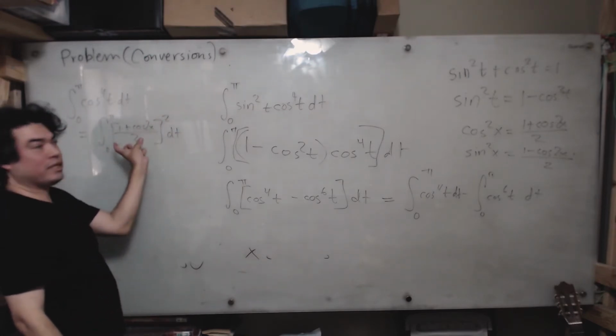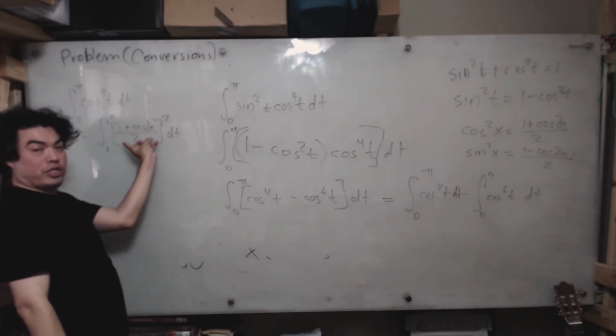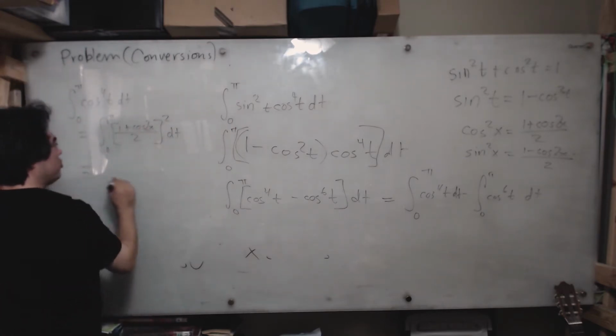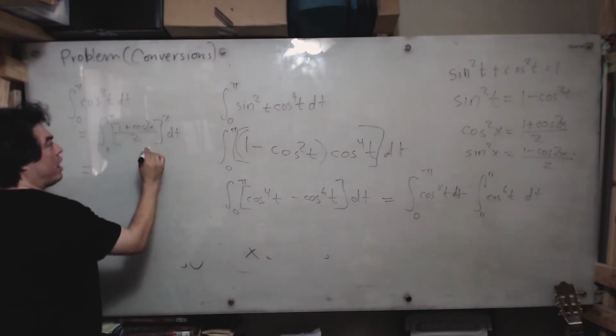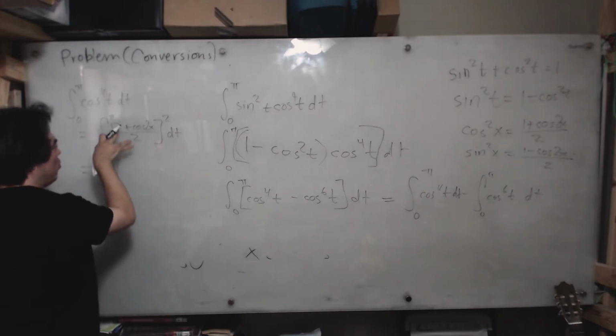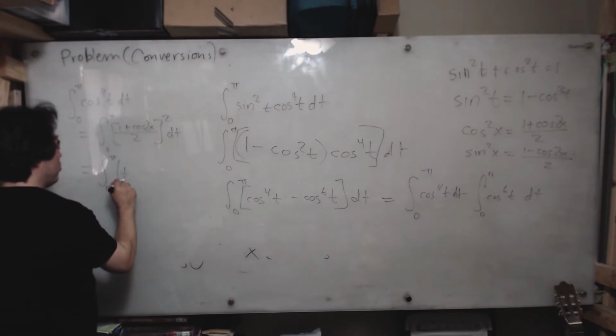Why squared? Because cosine squared squared is cosine to the 4th. And now I'm going to have to FOIL it out, right? So if I FOIL it out, I'm going to get 1/2 times 1/2, which is 1/4.